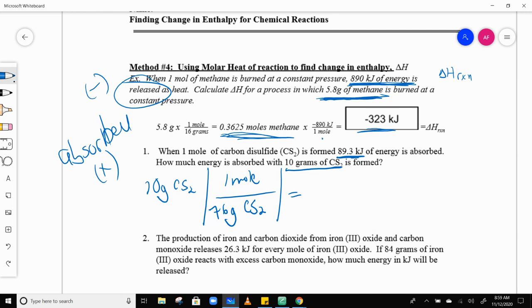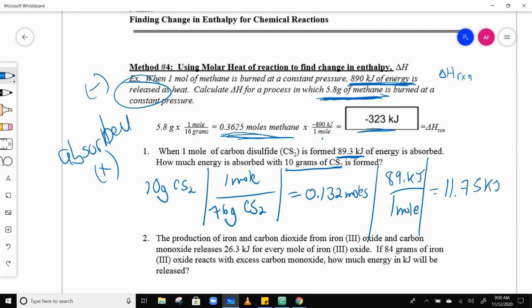So 10 divided by 76 is 0.132 moles. And it also tells us that 89.3 kilojoules is absorbed for every 1 mole. So you get 11.75. And it's absorbed, so it's positive.